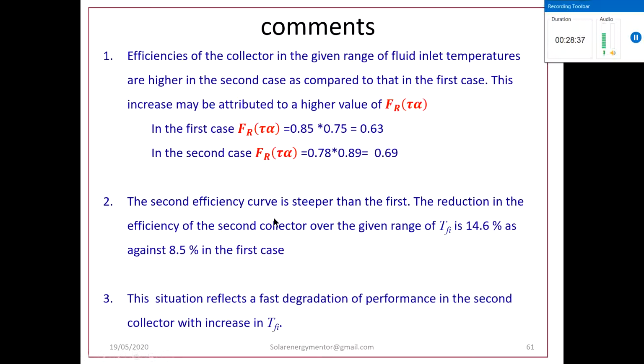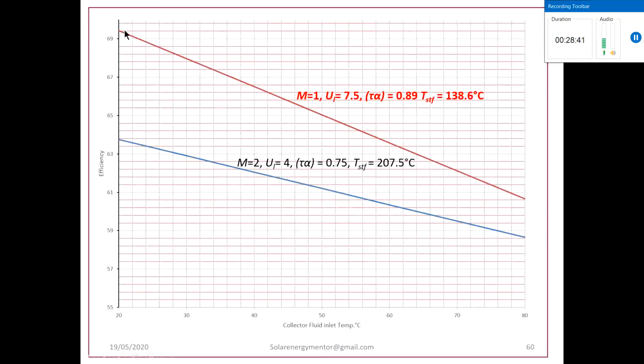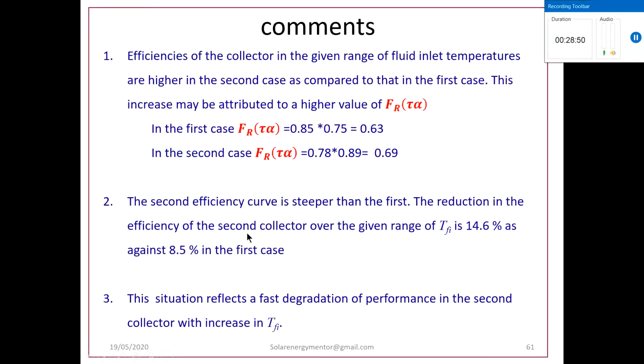The second efficiency curve is steeper than the first. You can see the slopes. So this curve is steeper than this curve. So what does this indicate? The reduction in the efficiency of the second collector over the given range is 14.6%.